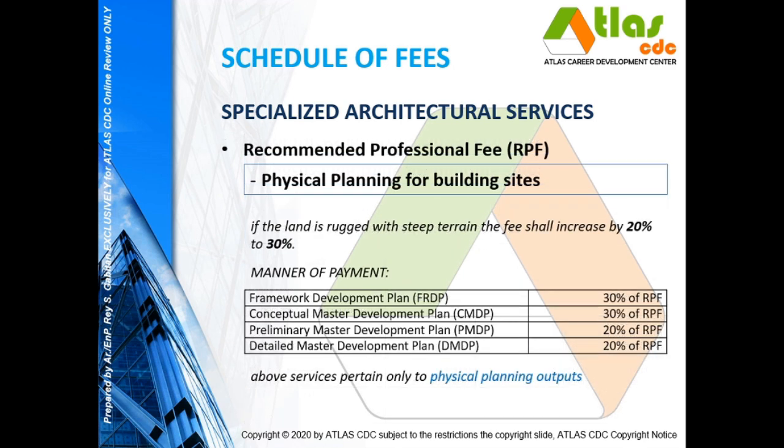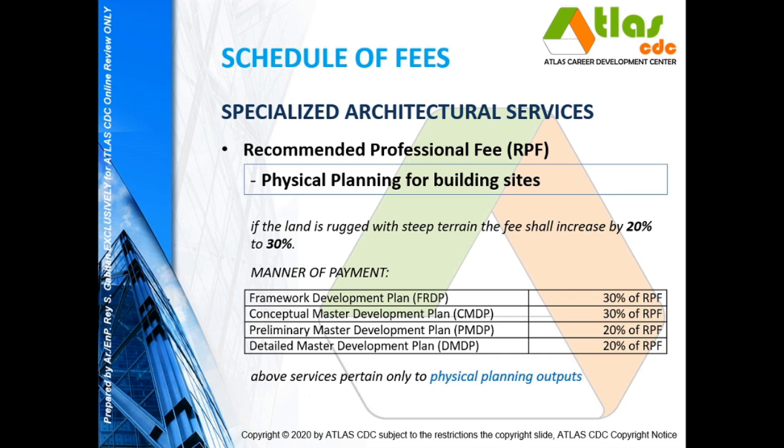Now, for the physical planning, if the land is rugged with steep terrain, the fee shall increase by 20% to 30%, because work for this type of site analysis and studies to be undertaken will be more difficult. Now, the manner of payment will be the framework development plan is 30% of the recommended professional fee.